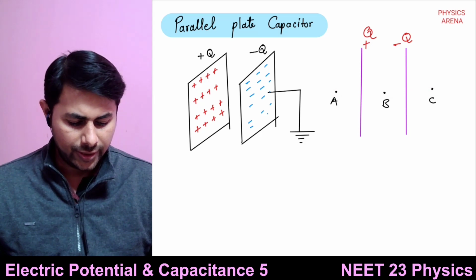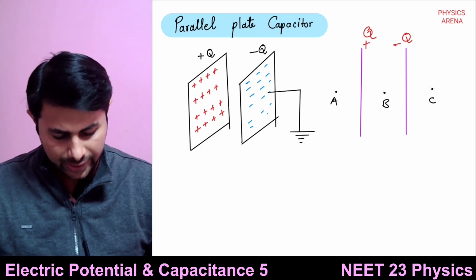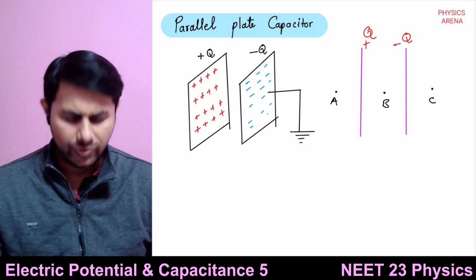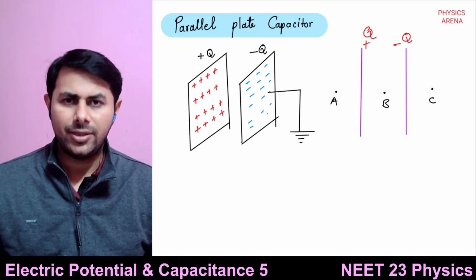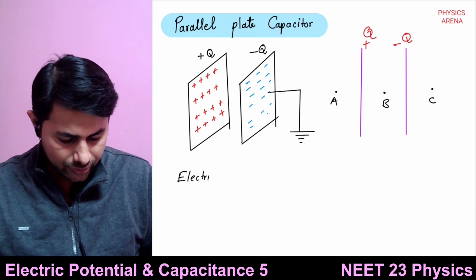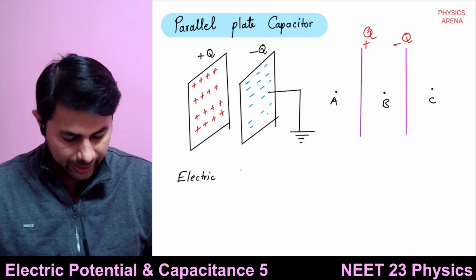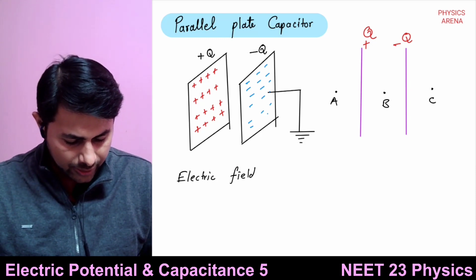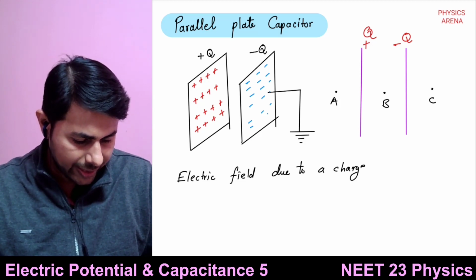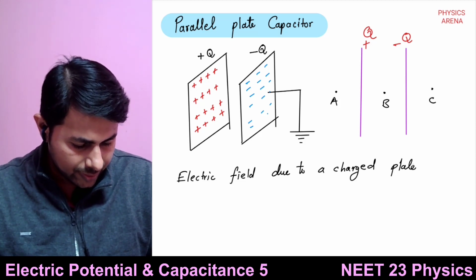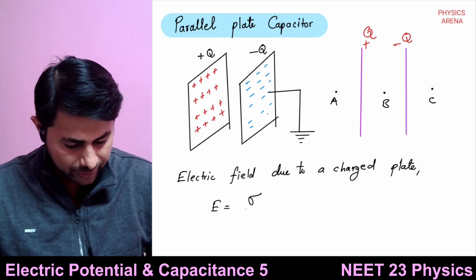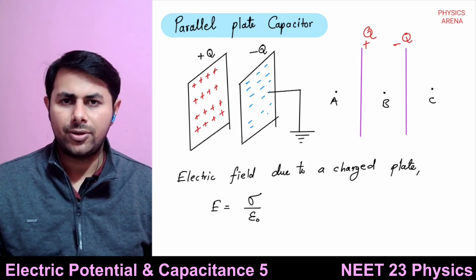The electric field due to the positive plate will be sigma upon epsilon naught. We have studied this in the last chapter: the electric field due to a charged conducting plate is given by E equals sigma divided by epsilon naught.